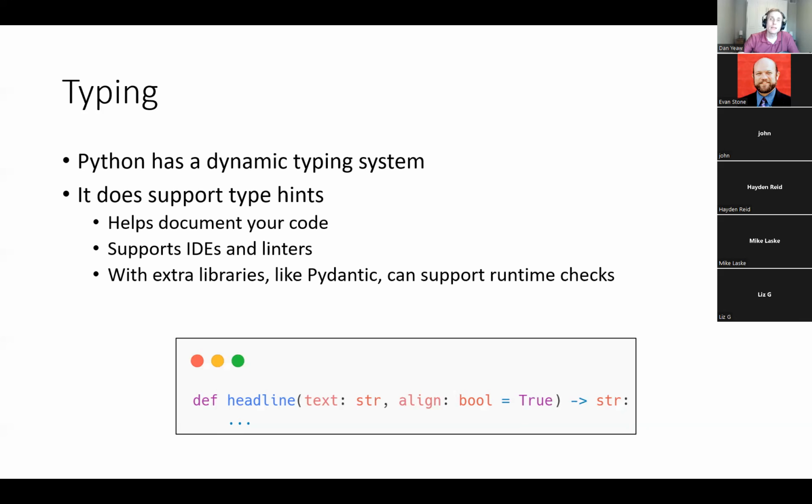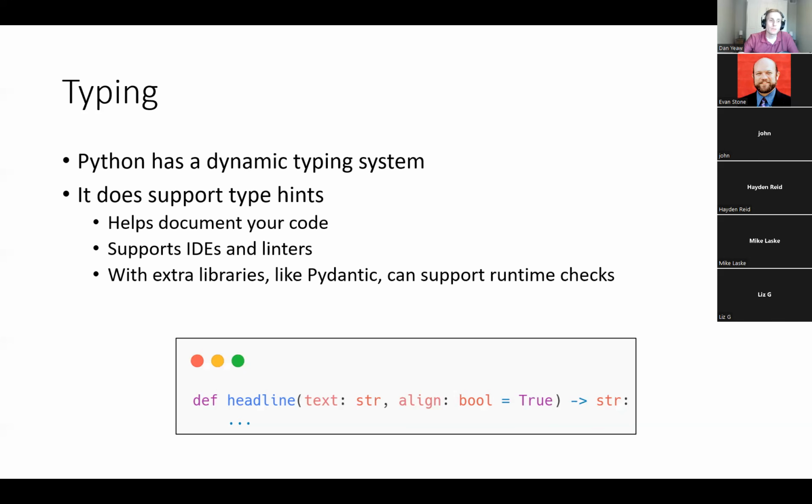So one thing it does support, though, starting fairly recently in Python 3 and really getting more used in Python 3.6, is something called a type hint. So you can actually add types to your Python, but for the most part, it's just to help document your code. And it also provides nice support in your IDE or linters.